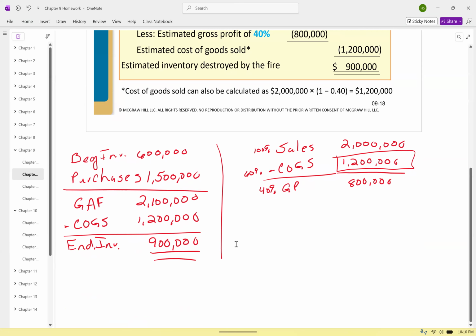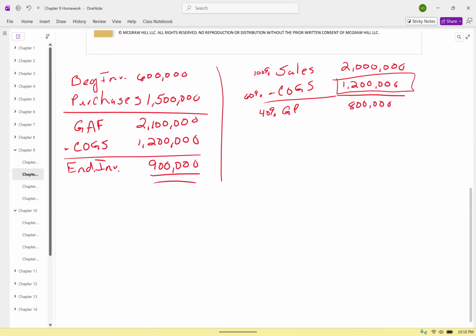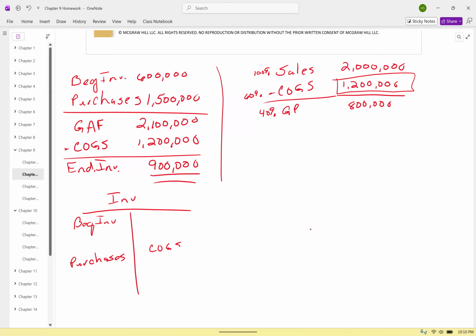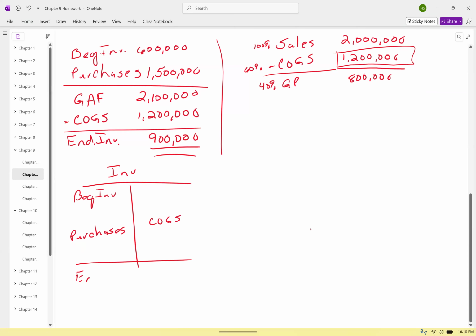Here is our inventory. And if you remember our T account for inventory, remember this is beginning, purchases gets debited to the inventory, cost of goods sold leaves the inventory, and then that leaves us ending inventory.